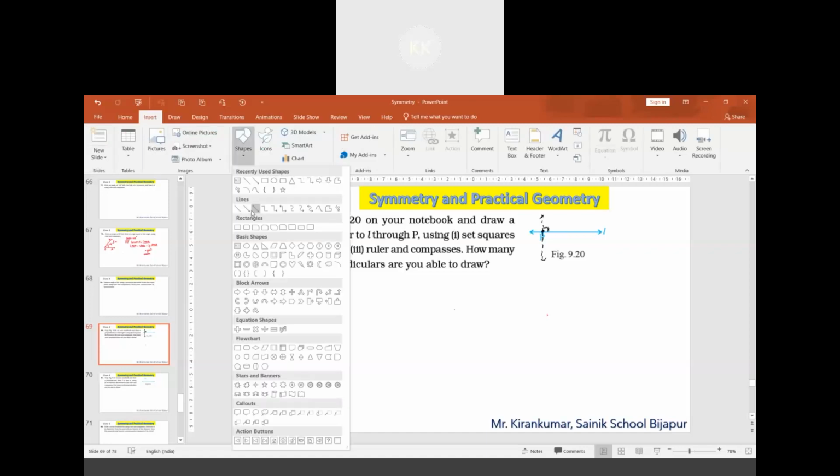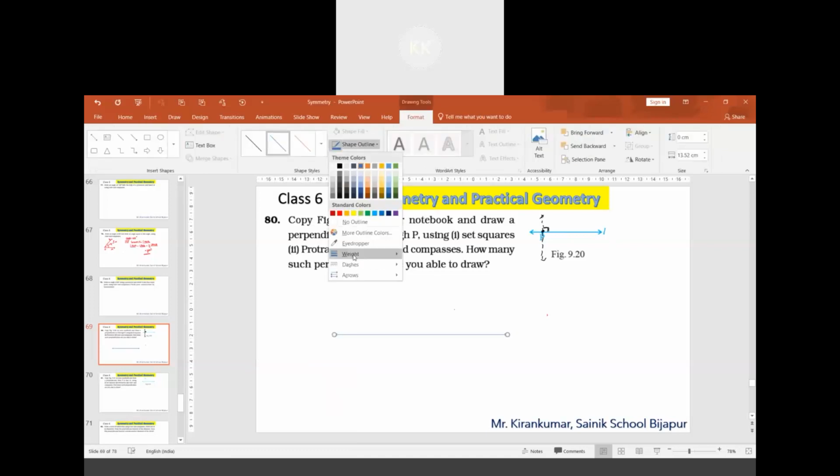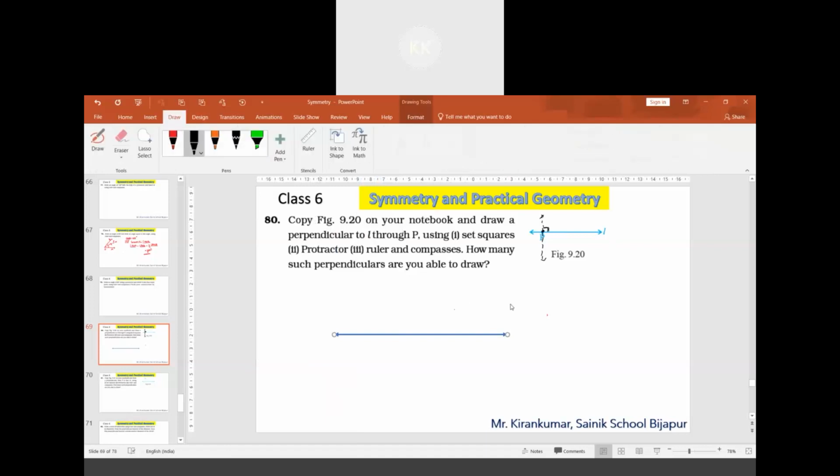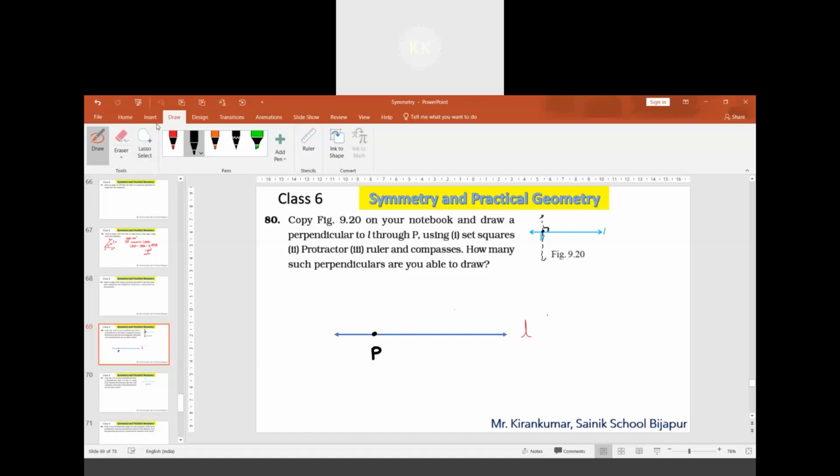They have given a line. This is line L. The name of the line is small letter L. And there is a point. The name of the point is point P. From this particular point, we can have only one perpendicular.